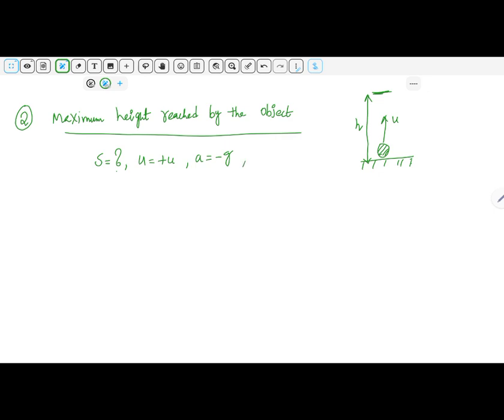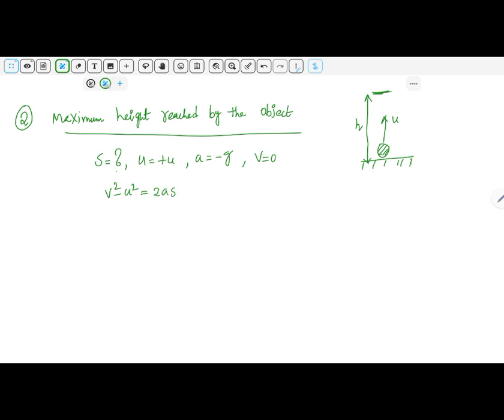And at maximum height, as we have seen in our previous video, the velocity is 0, so v is equal to 0. Now we have the information related to initial velocity, acceleration, and final velocity. I want to know displacement. What is the kinematic equation that I can make use of here? It is v square minus u square is equal to 2as.